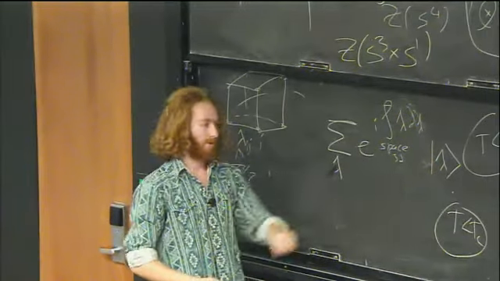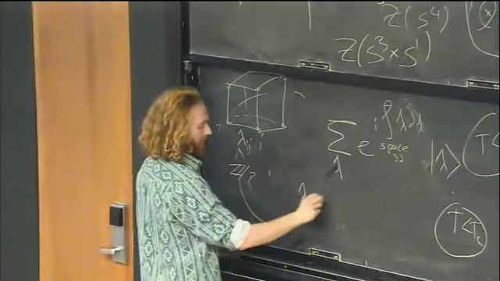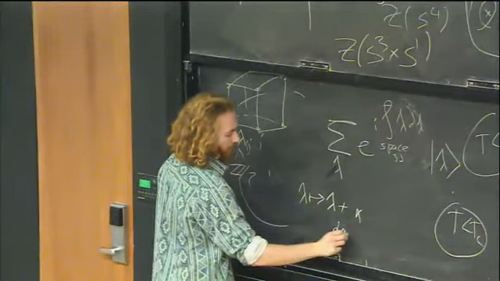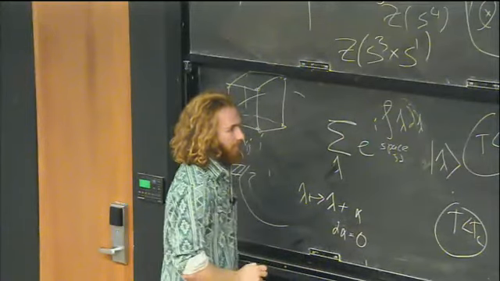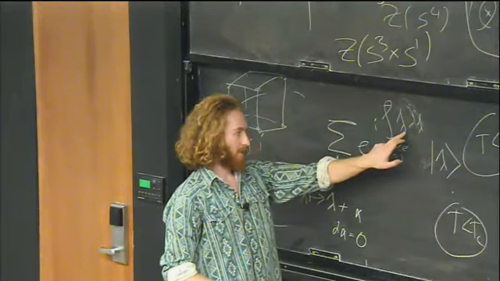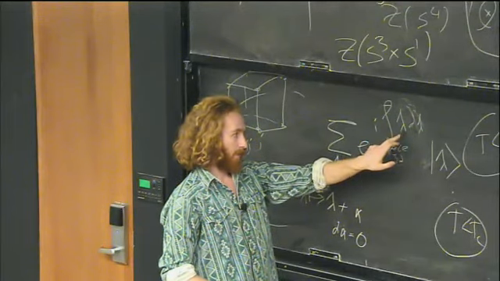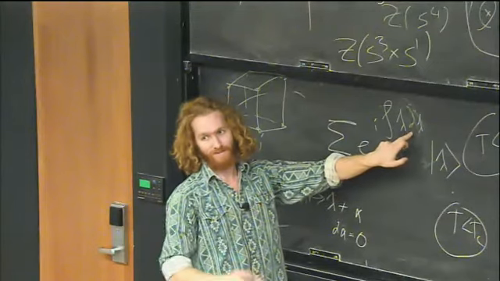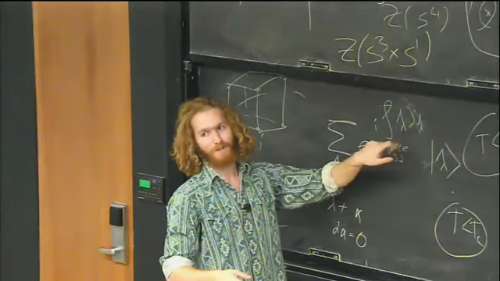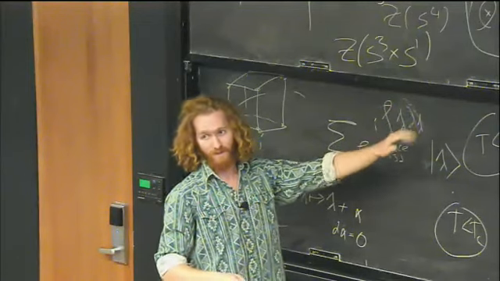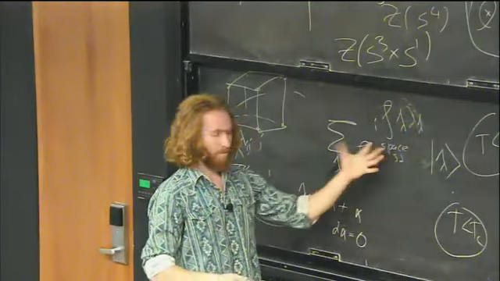The symmetry acts by lambda goes to lambda plus alpha, where d alpha is 0. So this term is invariant. The variation of this term is going to be alpha d lambda. If alpha is closed, here we're in SPT, so alpha has to be closed to be invariant. We integrate by parts and get 0 again. So this operation just permutes this sum.